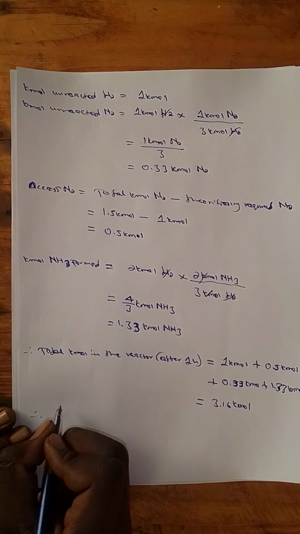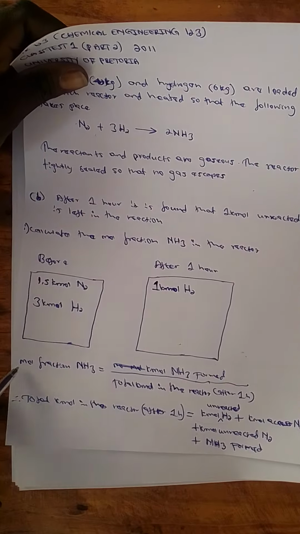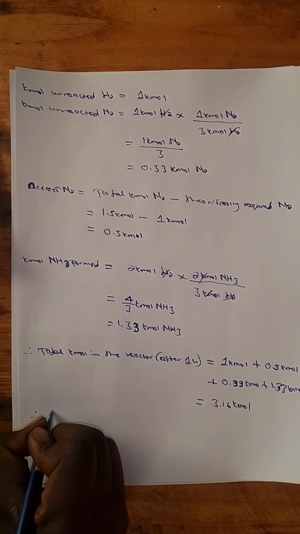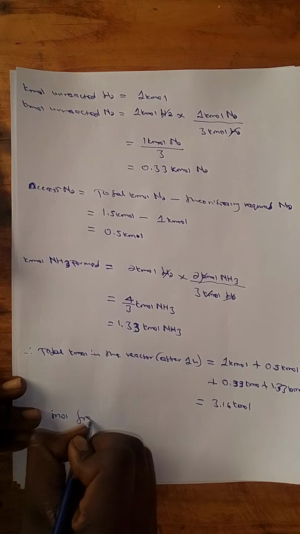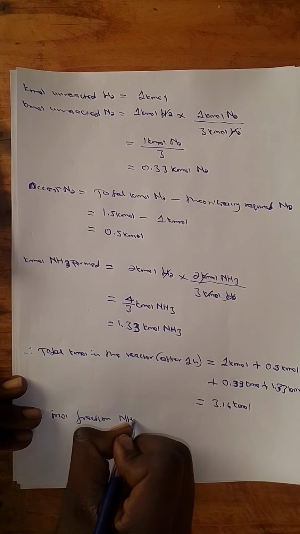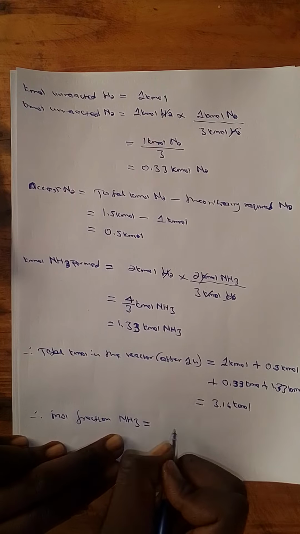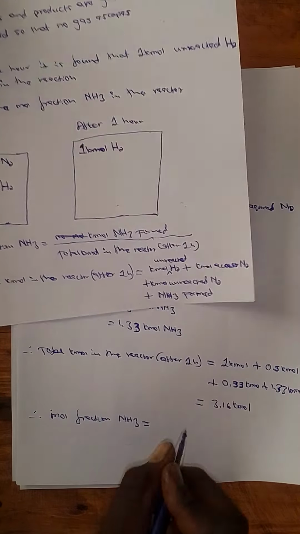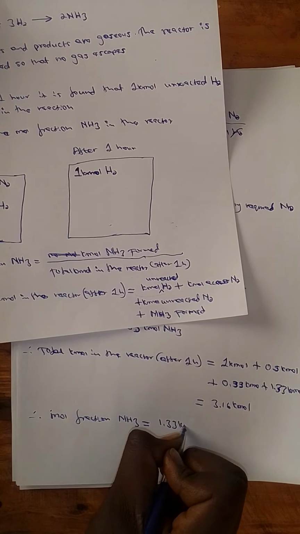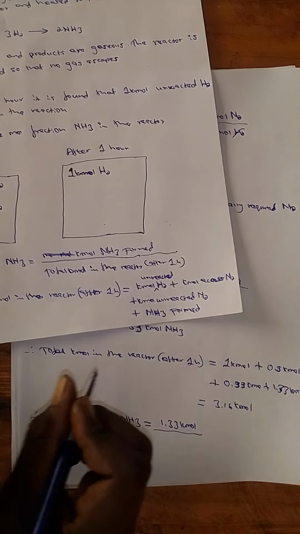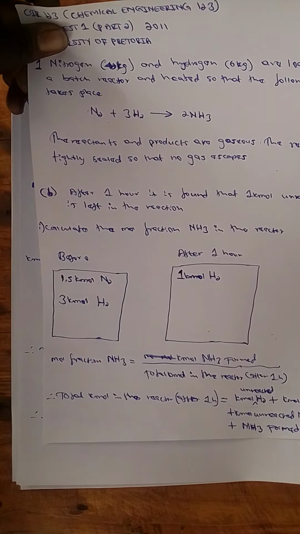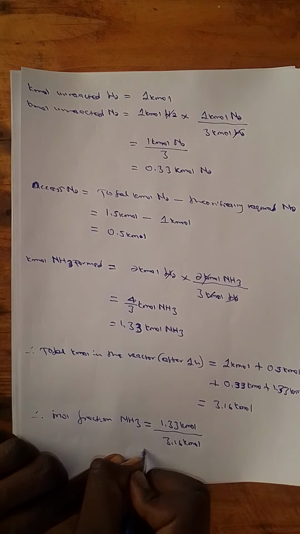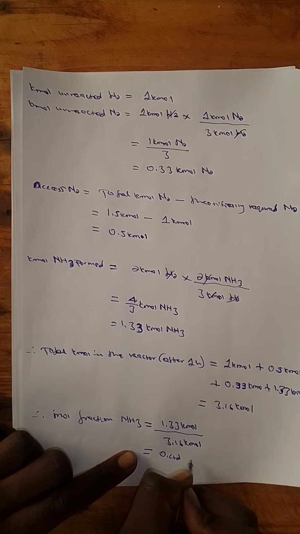Therefore, now we're answering the question. Remember, the question says what is the mole fraction of NH3? We have all the values, the NH3 formed and the total kilomole. So the mole fraction of NH3 equals the kilomole NH3 formed, 1.33 kilomole, all over the total kilomole in the reactor after 1 hour, 3.16 kilomole, and if you use your calculator it gives you 0.42.